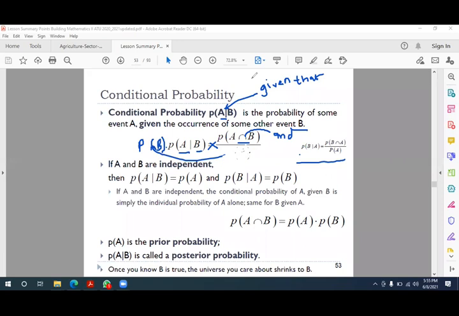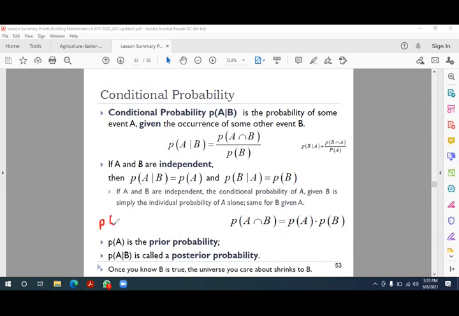From this expression, we can write a statement like P of A given B times P of B is equal to P of A intersection B. Good.